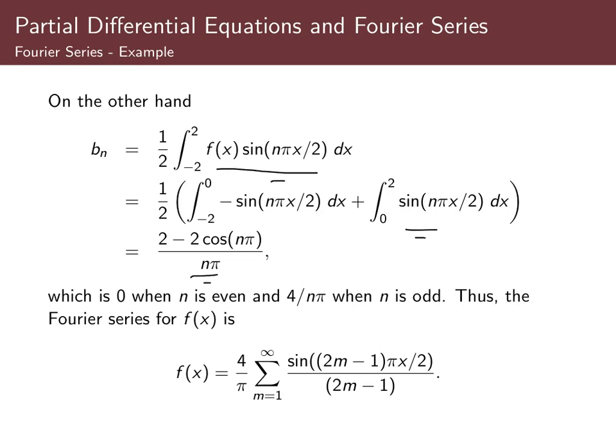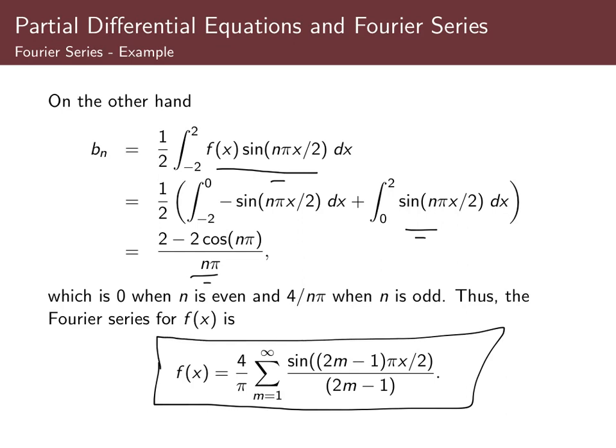You end up with this expression, which is 0 when n is even, and 4 over n pi when n is odd. Thus we only have a bunch of odd sine terms in our Fourier series. You can write n as being odd as 2m minus 1, where m is a positive integer.